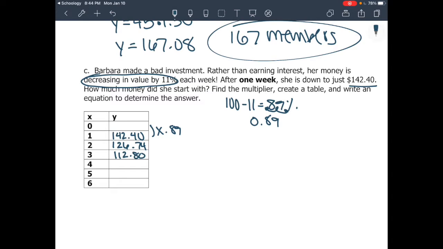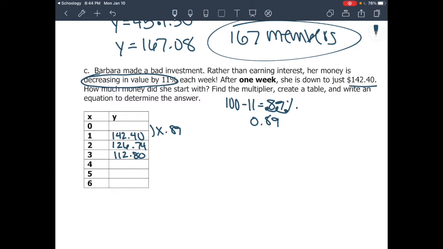So 112.80. I'm going to write that number down.